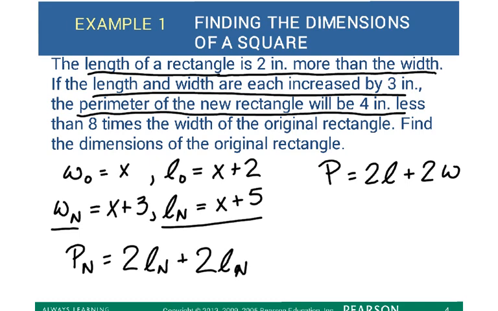Our LN and our WN are the x plus 5 and our x plus 3. So we're going to want to figure out what is x.